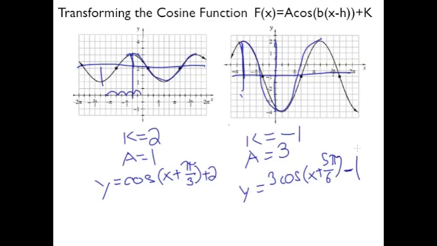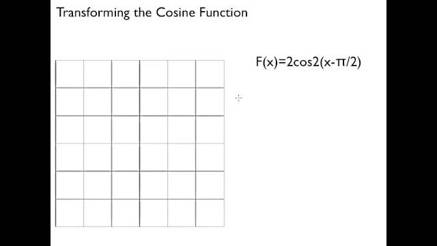Now let's look at graphing. Like we did with the sine, we need to use PEMDAS and start with the parent function. So let's write it down. X, y. So 0, pi over 2, pi, 3 pi over 2, and 2 pi. The x won't change, but you'll see later that the y changes.